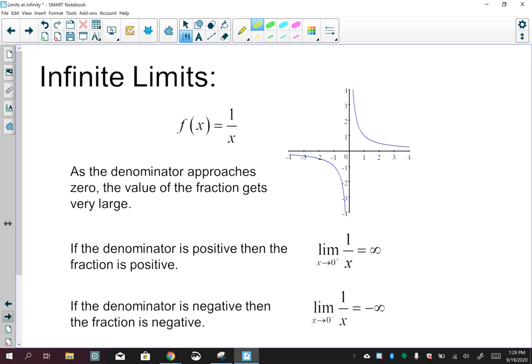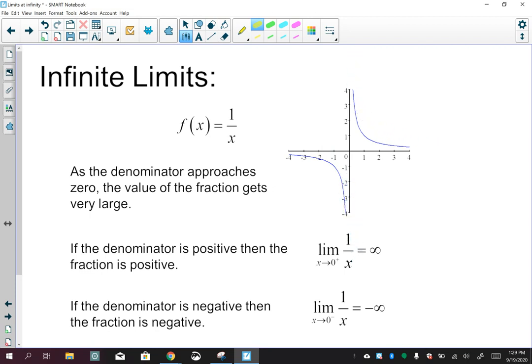So we talked about that one. So again, the infinite limits. So this is kind of like your parent here. This is your parent when it comes to the basis of infinite limits. So this one has, when you're approaching it from the left, you're going down, and when you're approaching it from the right, you're going up. And so that's what it's talking about, because if it asks you for one side or the other, you can have the left side going down to negative infinity, but you could have the right side going up.